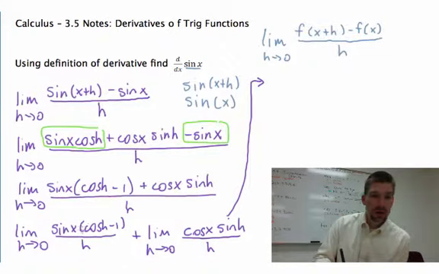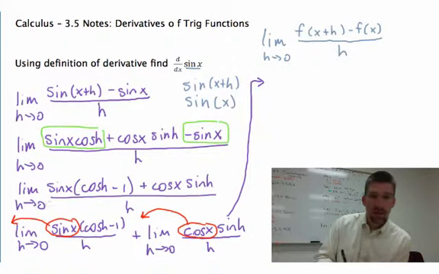If you'll look at that very first guy, I can take the sine of x and put him in the front. That just leaves me with cosine h's in the middle. Same with this guy, I can take him and put him in the front.